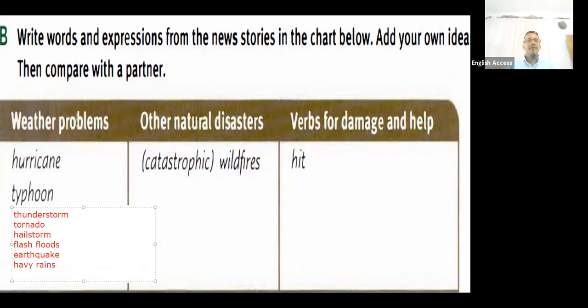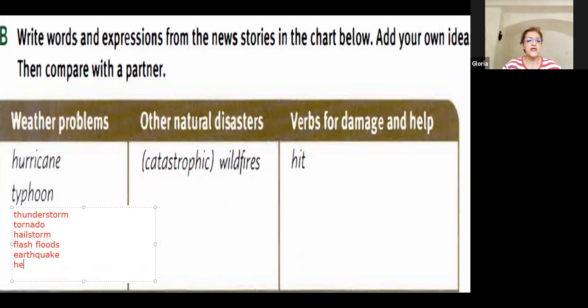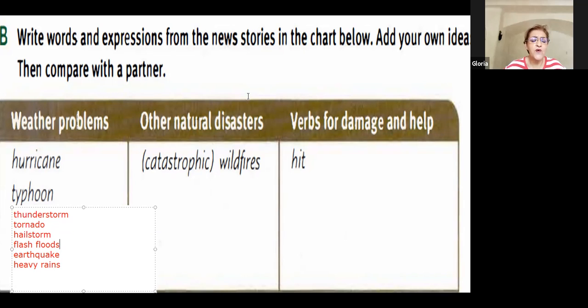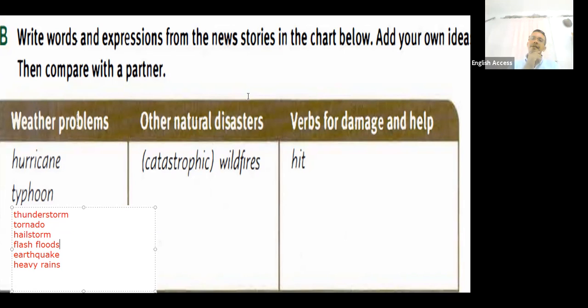Yes, we have been having heavy rains the last few days, right? Earthquake. So how do you say temblor? Earthquake. Earth, yes, it's a compound. Okay. Earthquake.